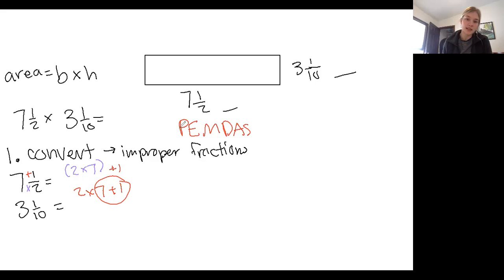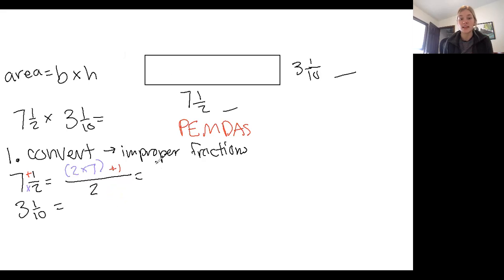So parentheses, exponents, multiplication, division, addition, subtraction. So I need to first do what's in the parentheses. Okay, so we have to bring our denominator over and then we can solve.